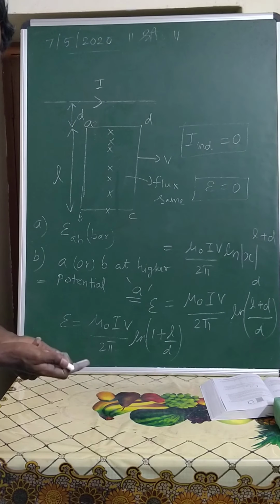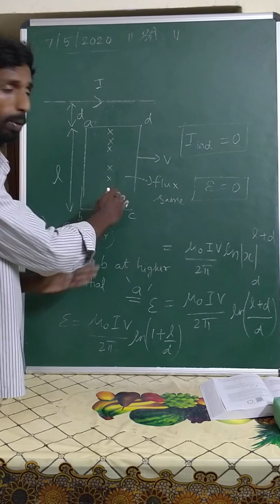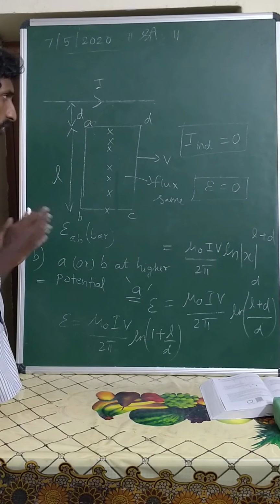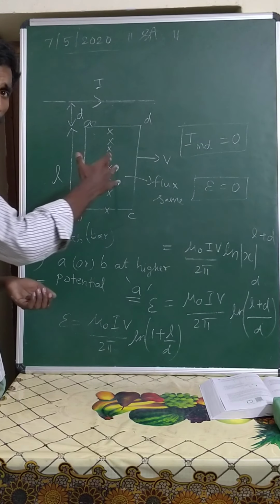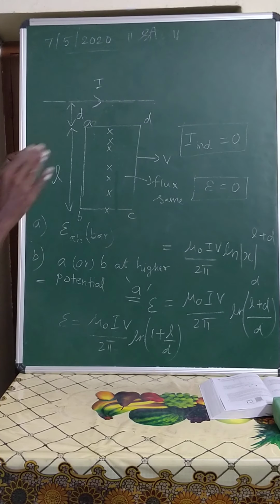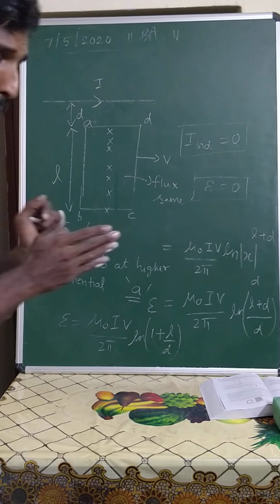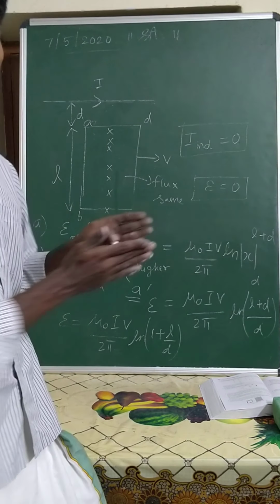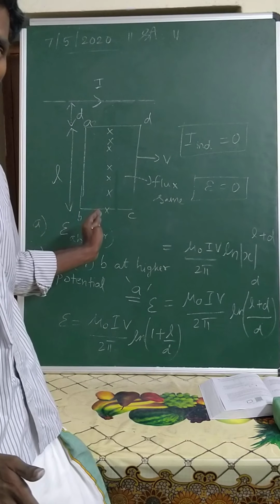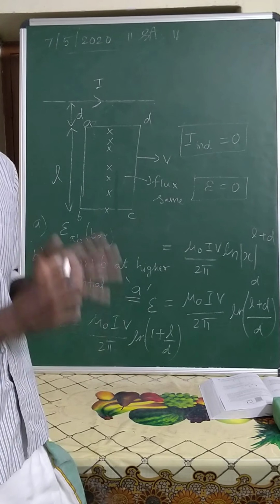So there is no meaning in considering that current will be induced in this case. Because according to Faraday's law and Lenz's law, flux should change through a closed loop, but not in an open loop. In an open loop, we are talking about the motion of charges from one end to the other end. But here, we are talking about a change in flux enclosed within the closed loop.